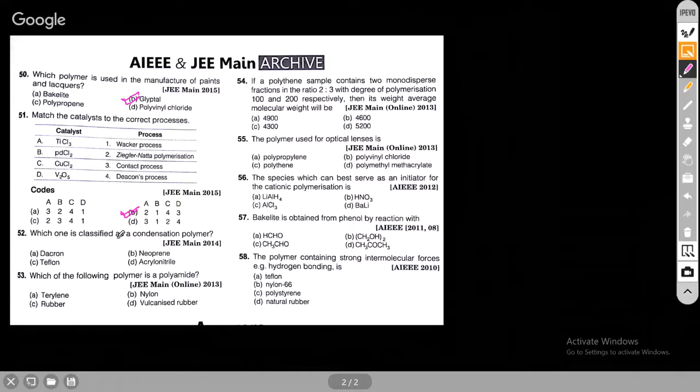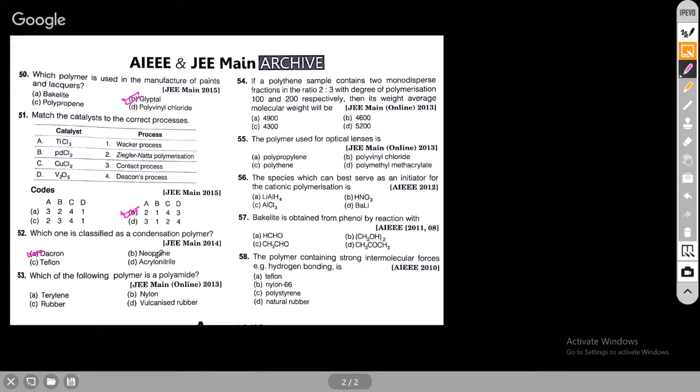Which one is the condensation polymer? 52. 52 is A. Dacron is the condensation polymer of ethylene glycol and methyl terephthalate. 53.